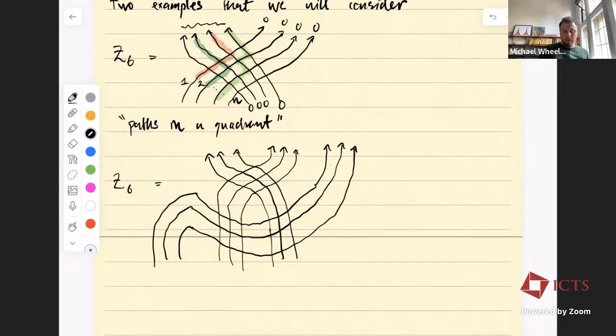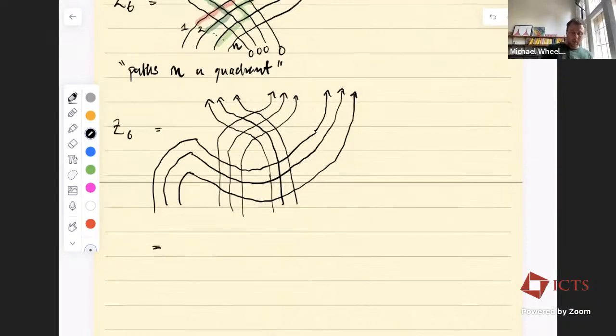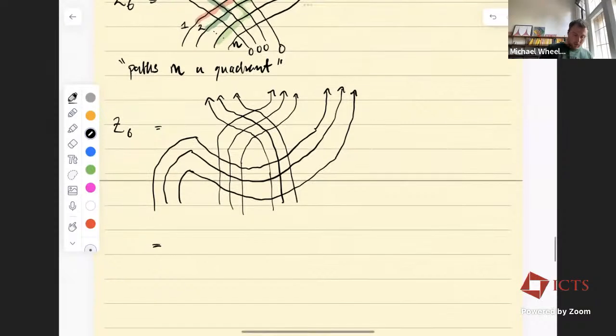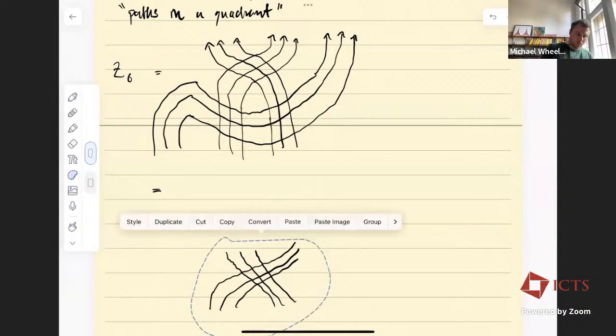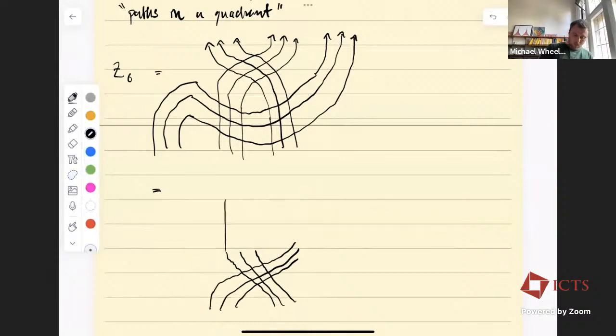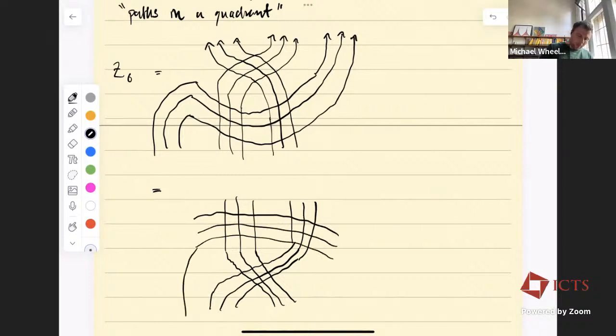And because of the Yang-Baxter equation, there is a freedom to redraw this thing in the following way. So that's going to be like this now. Something like this.